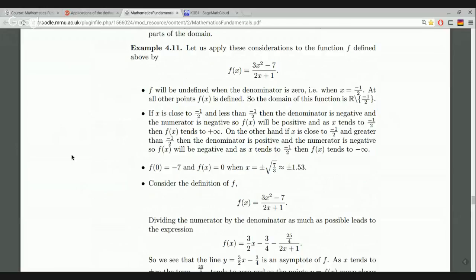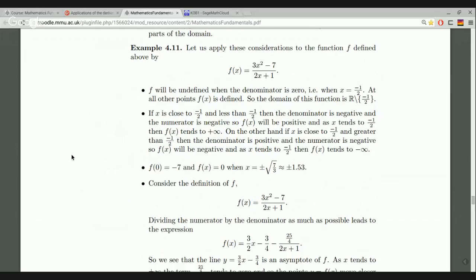But when you're close to minus a half on the left-hand side, slightly less than minus a half, the denominator is negative also. 2 times something slightly less than minus a half, plus 1, will still give you a negative answer. So when you're to the left of minus a half, you've got negative divided by negative, so overall you're positive.